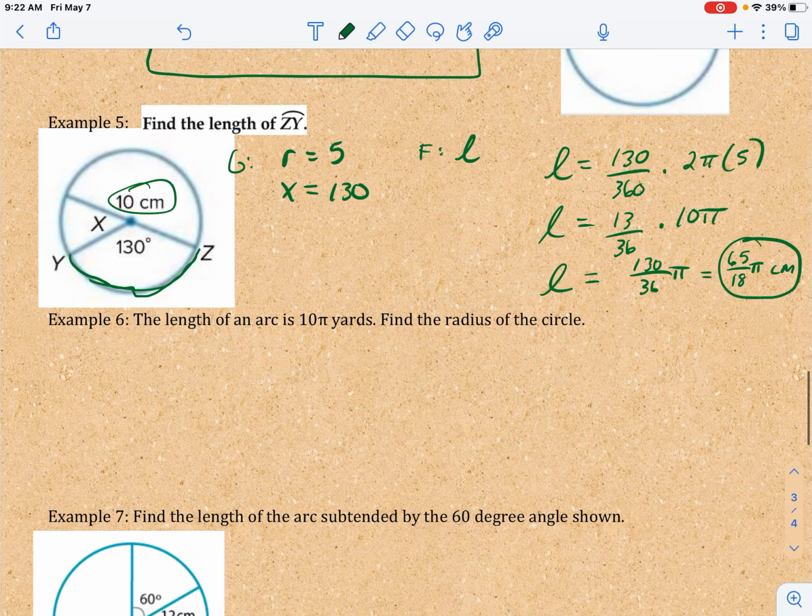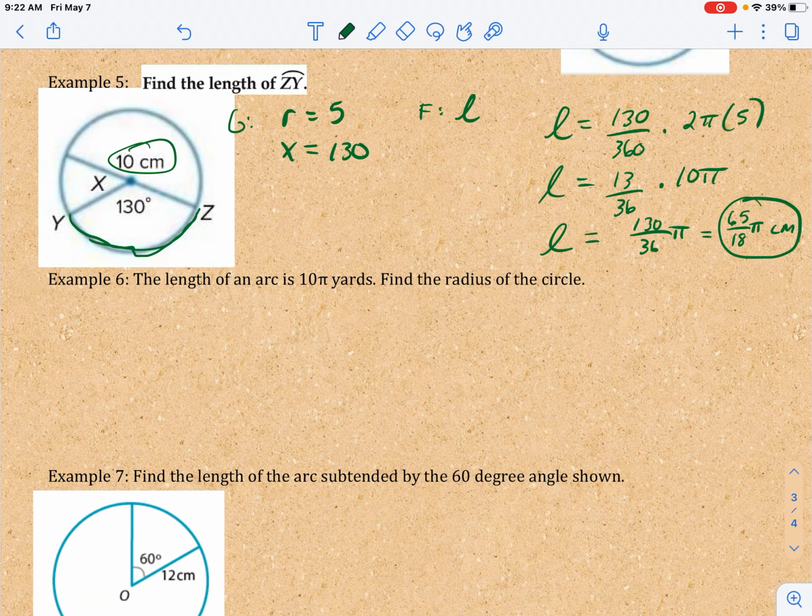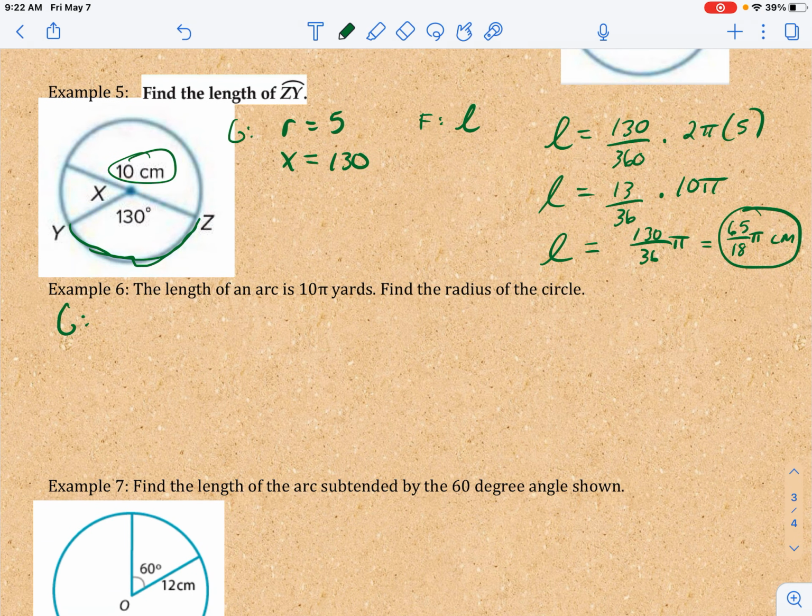Okay, next one. The arc length of an arc is 10 pi yards. Find the radius of the circle. So now we're given the arc length is 10 pi yards. We're going to need a central angle, so that's unfortunate, but we'll just say that the central angle is 60 degrees.